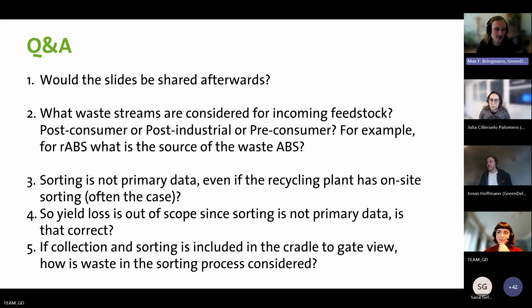Okay, so we could often not distinguish what would be a sorting process at the recycling plant specifically. Therefore, we made the assumption that sorting processes were usually not included in the recycling plant, especially, and that sorting would have to be done off-site. And therefore, we use this secondary data set and also have included yield losses there directly.